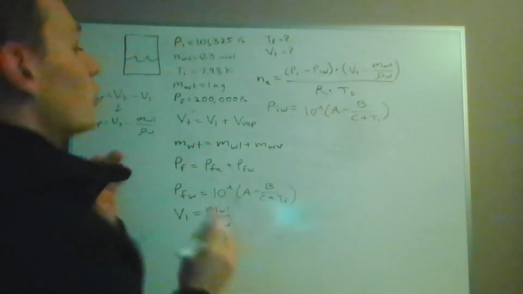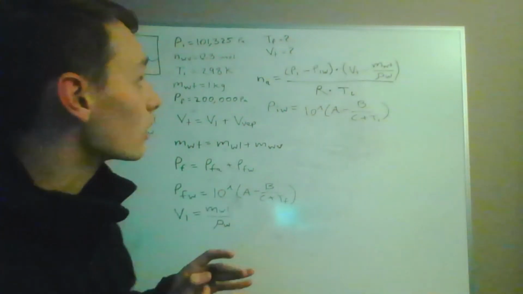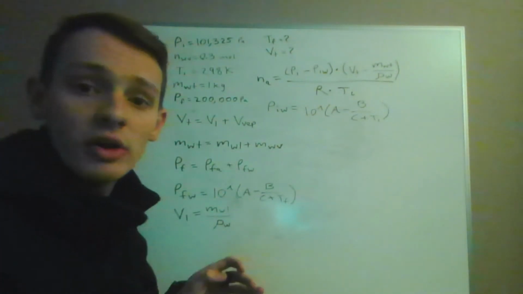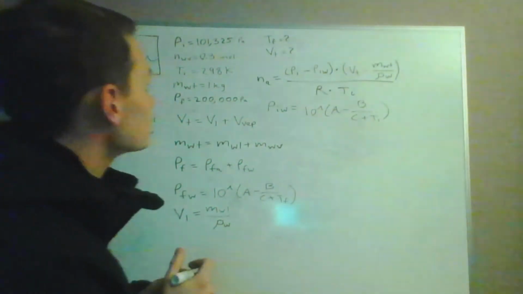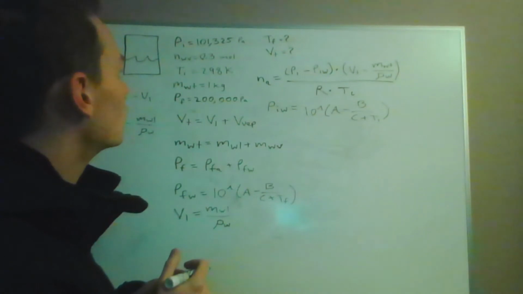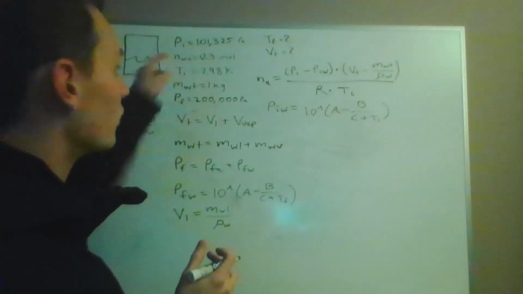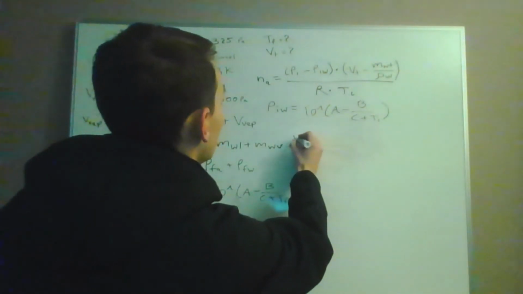Perfect. There's one last thing that I want to write an expression for before we try to find the final temperature and the total volume of our container by using Python. So what I would like to describe is the number of moles of water vapor that we have, similar to what we did for the number of moles of air.